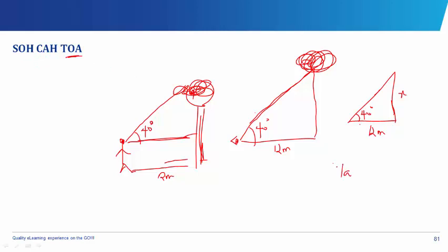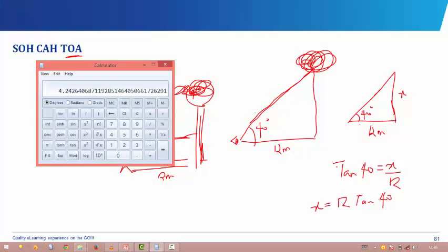So we'll have it as tan 40 equals opposite over adjacent, which is x over 12. Therefore x will be 12 times tan 40. So check from our 4-figure table. Tan 40 times 12. So let's write 40 and we'll press our tan.